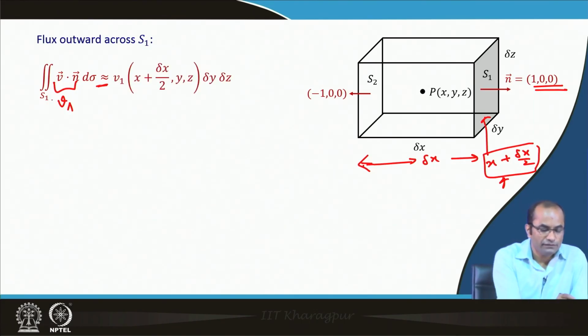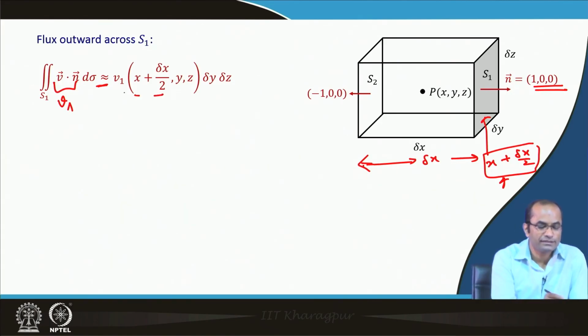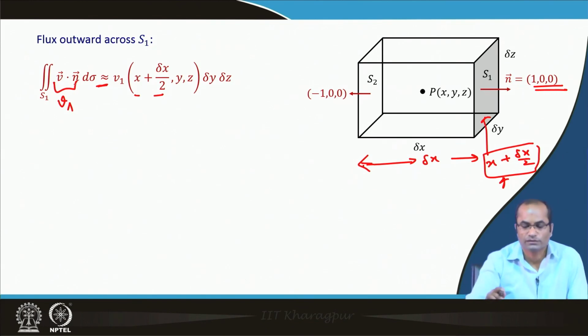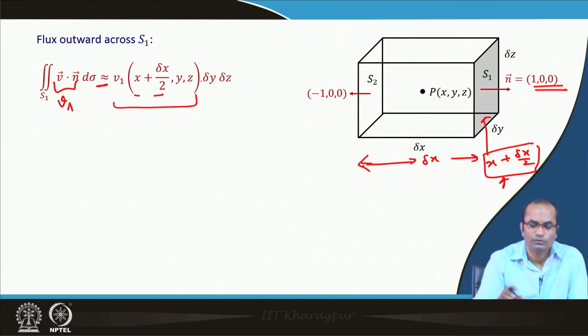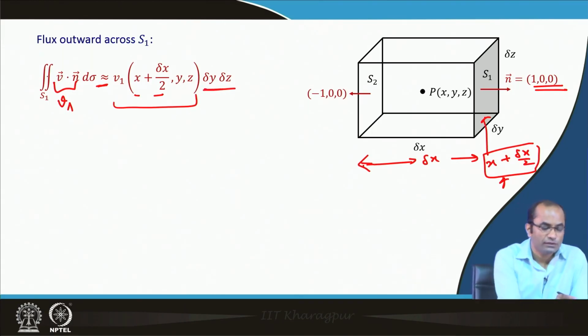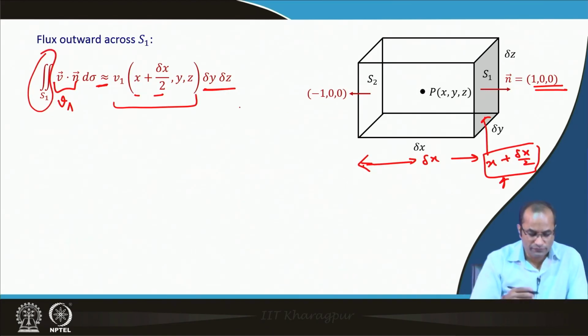So, we just take v1 evaluated at x plus delta x by 2, and then we have the integral over y z over this surface S1, taking a constant value over this surface. But again, as I said, in the limiting situation this will actually become an equality. Then this is the area of the surface which is coming out of this integral.